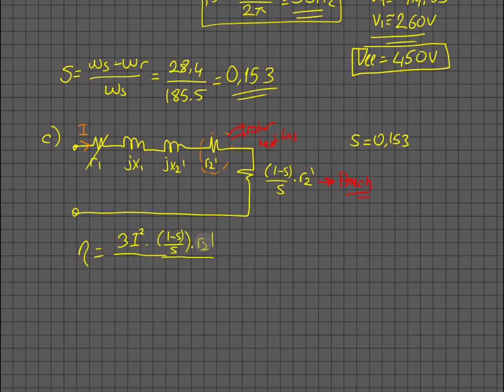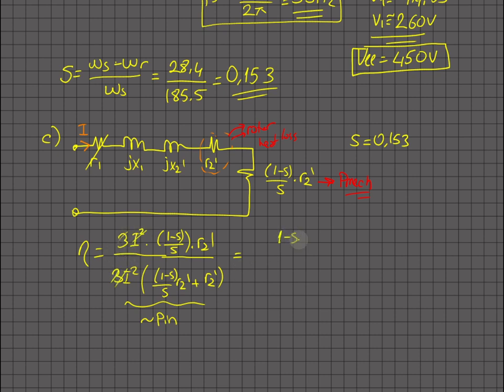This is the mechanical power, divided by 3I squared times (1 minus S) over S R2 prime plus R2 prime. This is the kind of input power.